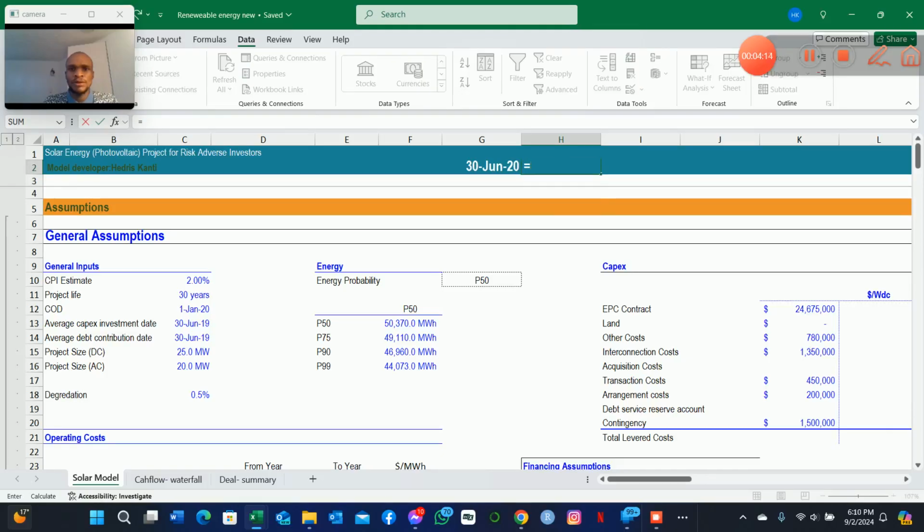So it's going to be equal to IF, in bracket, the year that we are in, make it a year, if this year we are in is less than this year plus, make that a year, less than this year plus our project life, that is 30 years.